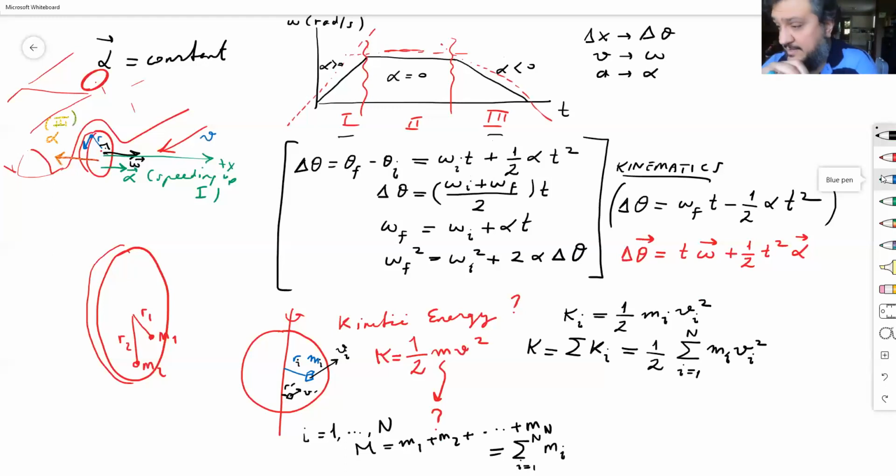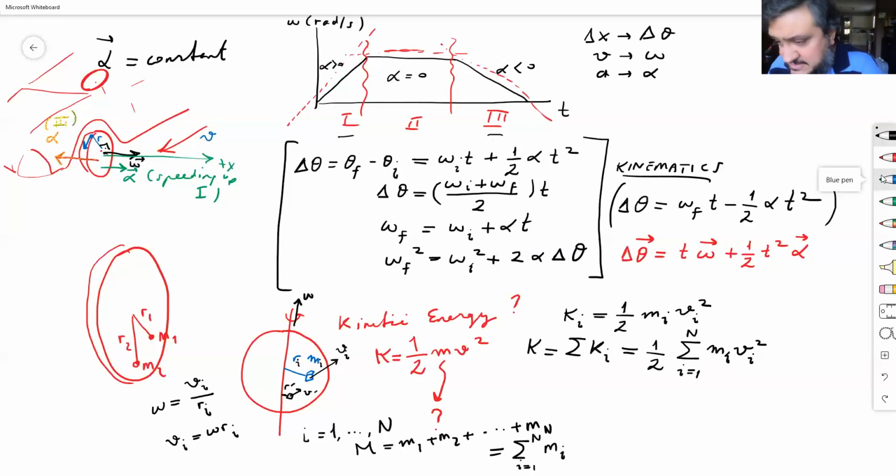Let's put r there. How do we do that? We remember the relationship between omega and r. Omega is a constant for all of the particles, and that is vi over ri from the previous slide. v is omega r, therefore omega is v over r, or vi is equal to omega times ri.